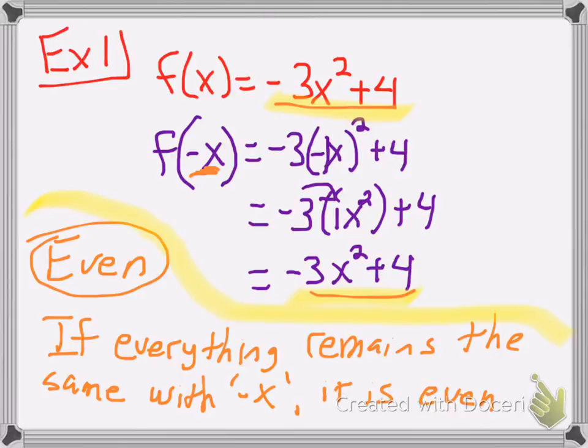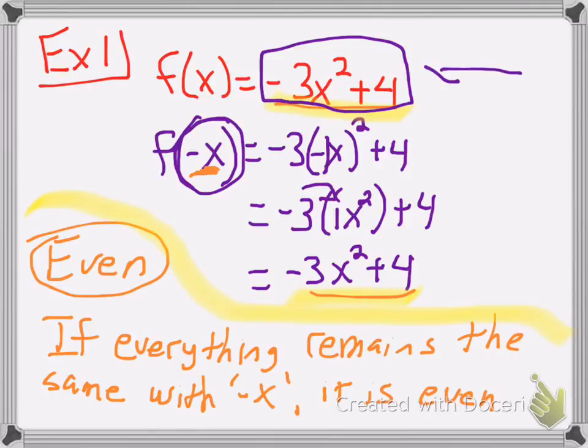If you plug in negative x for every x into the original function, and you end up with the exact same function as the original, that's when you know you have an even function. Negative 3x squared plus 4. That's the same as what I came up with down here.